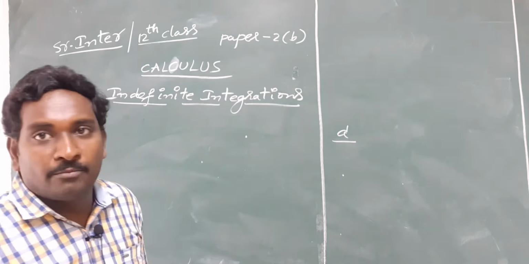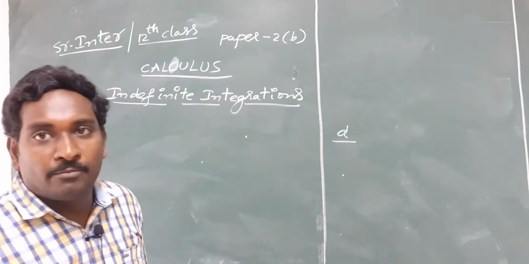Everybody knows what the derivative of x cube is: 3x square. So 3x square is known as the derivative of x cube with respect to x.